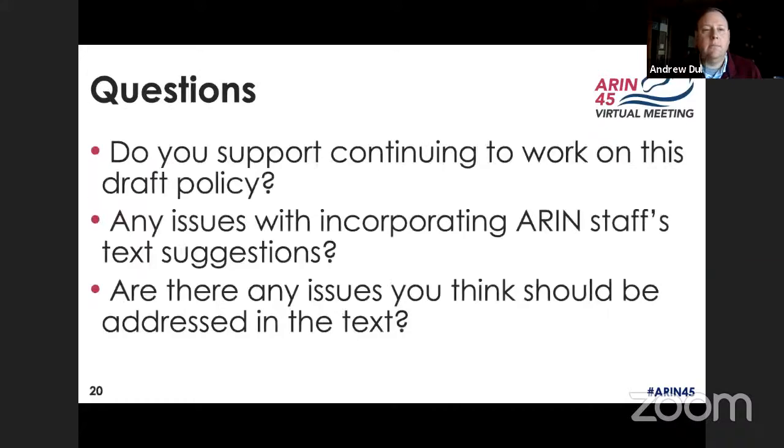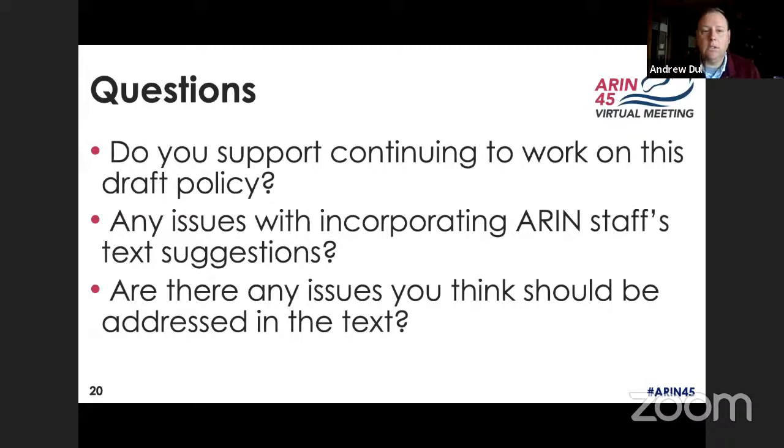Next slide, please. Our questions for today are, first of all, do you support continuing to work on this policy? Are there any issues with incorporating the suggested staff changes? I don't think there are, and I'm happy to add those to the updated text following the meeting, assuming the community would like to continue working on this.